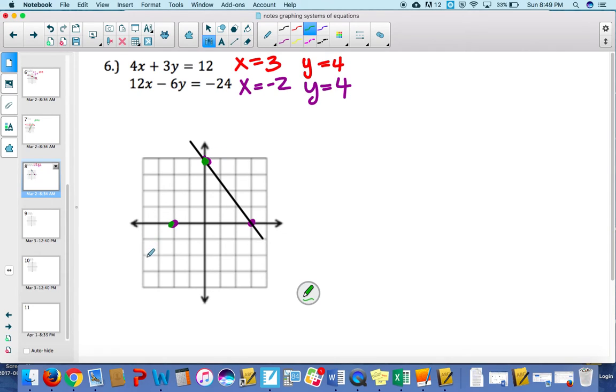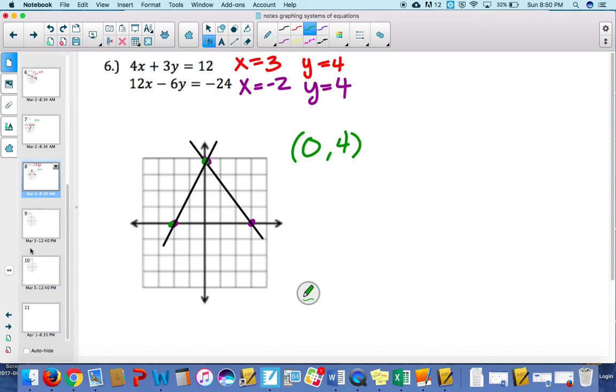And so then our lines go through both ordered pairs, and the solution is going to be 0, 4, where those 2 lines intersect.